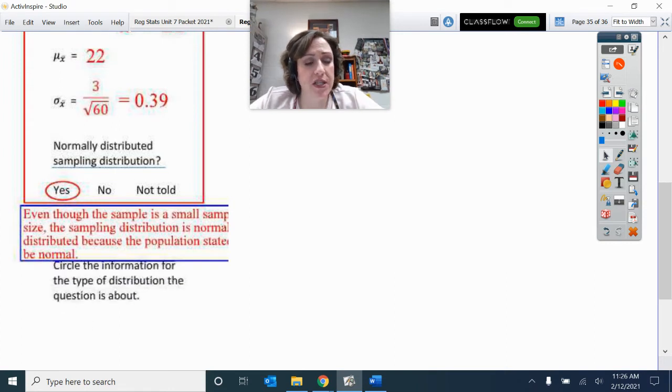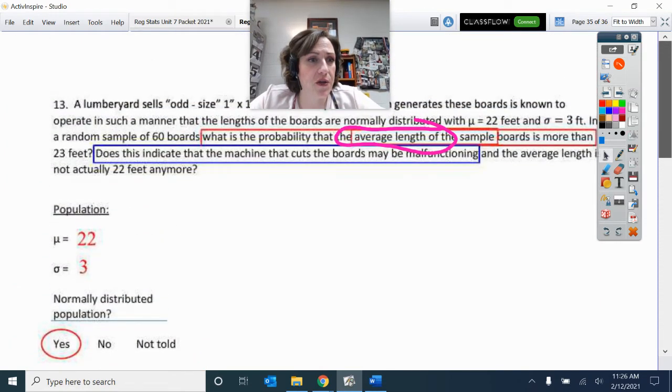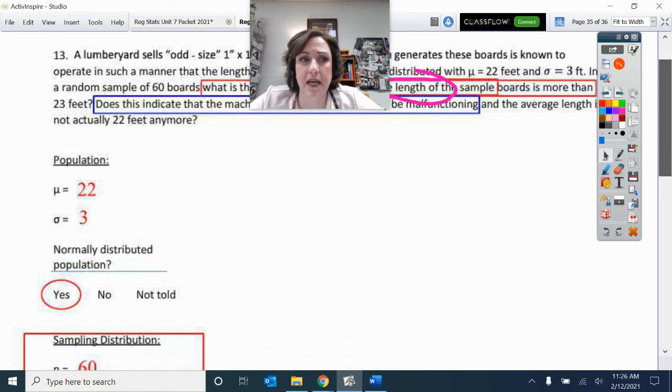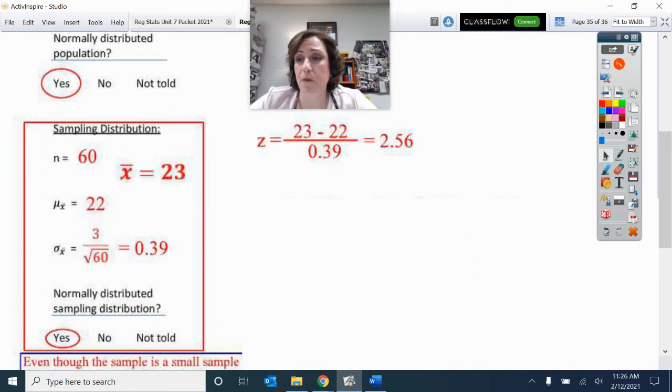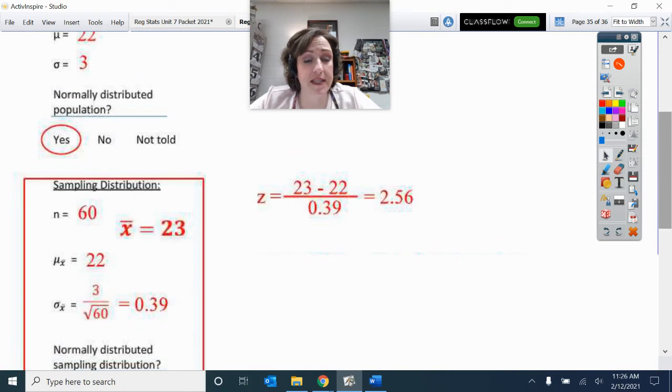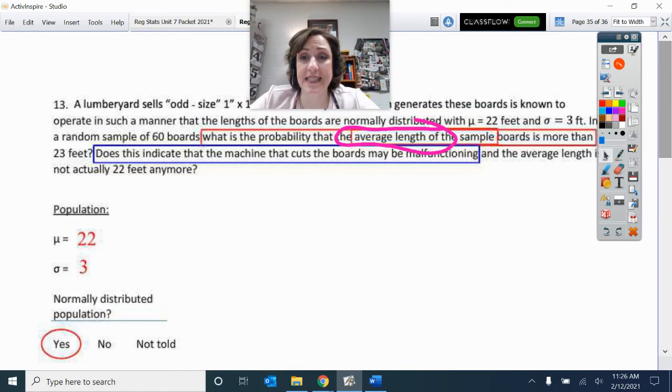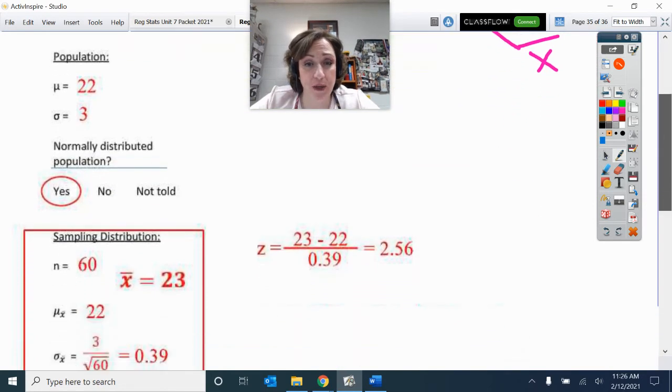Now, I said circle what the information in this question is talking about. So this is talking about the sampling distribution. We already talked about that, so I circled this information because it asked about the average length of the samples of boards. So it was asking about an X bar.